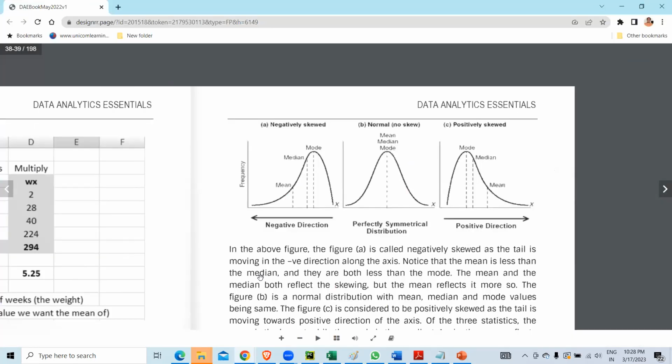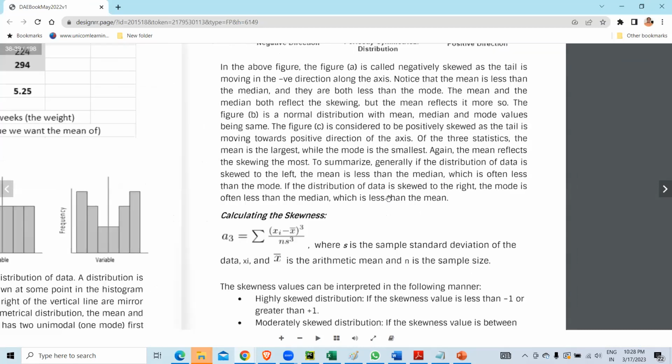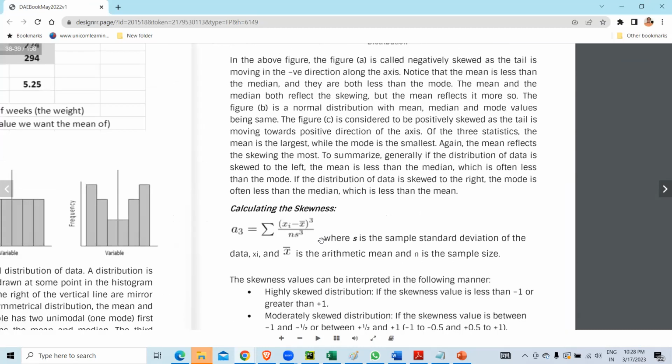So if you come here, this is what this explains, and this is the formula. Sigma of xi minus x bar cubed, divided by n s cubed, where s is the sample standard deviation, x bar is the sample mean, the arithmetic mean, and data is your xi.